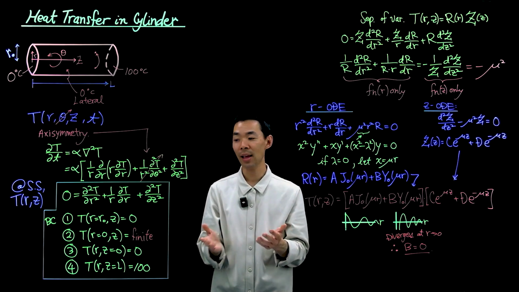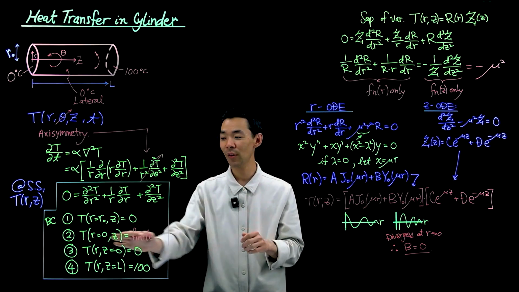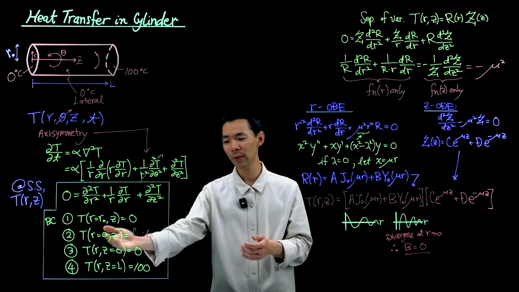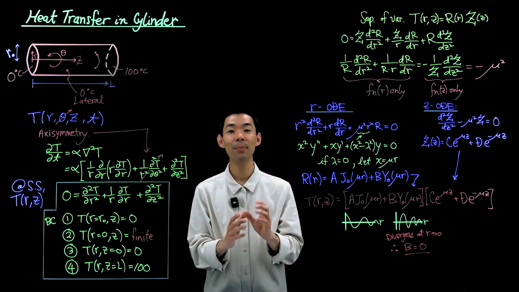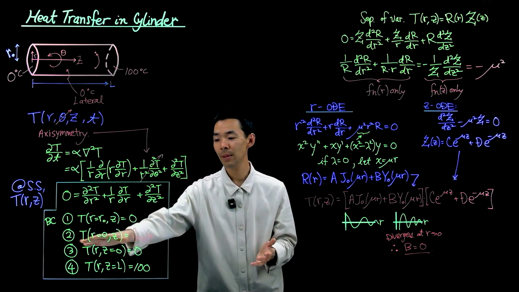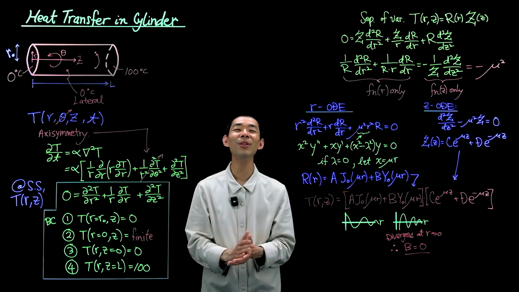You can easily see that if the temperature were finite, and you were to take the derivative as a function of r as you cross r equal to 0, this would be equal to 0, because the derivative of a finite number, a constant, is equal to 0. So a lot of times the second boundary condition here is often called a symmetry boundary condition.